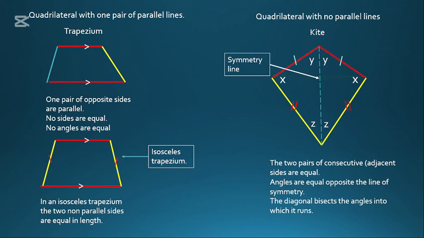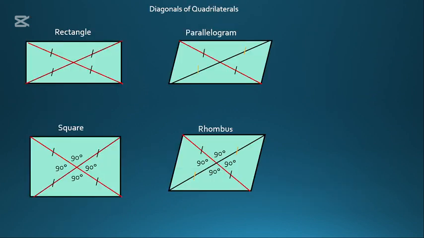Now we are going to classify them according to their diagonals. Right? So a diagonal over here and over there. That's our two diagonals in our rectangle.